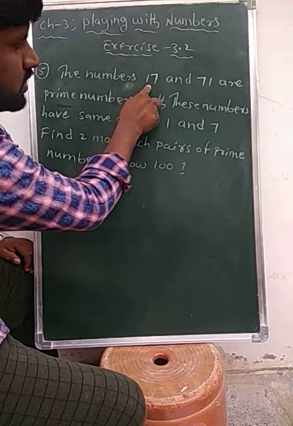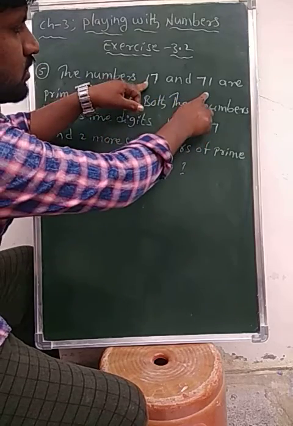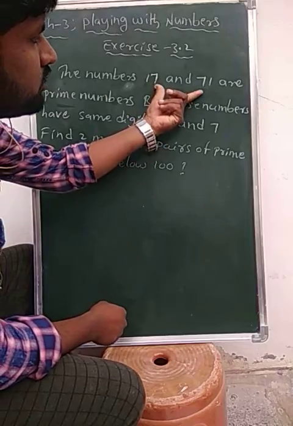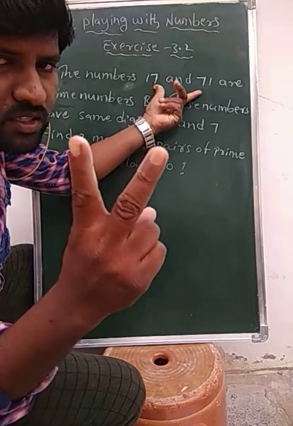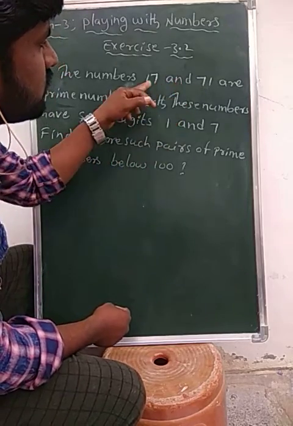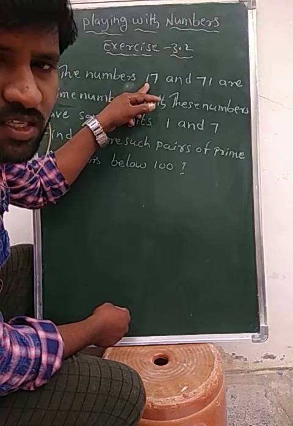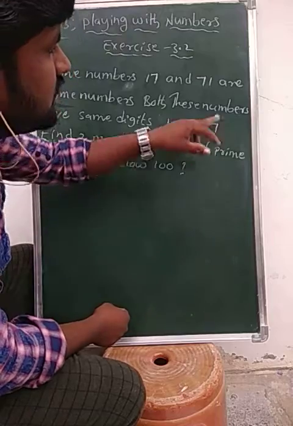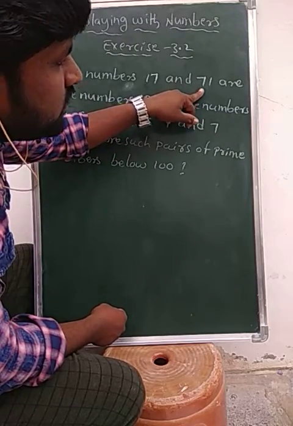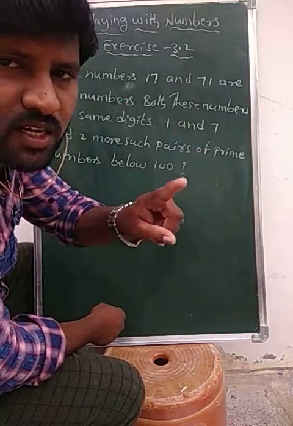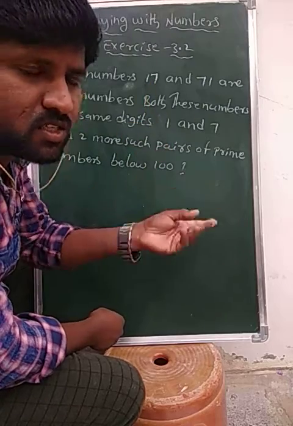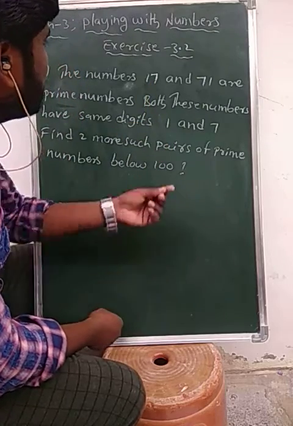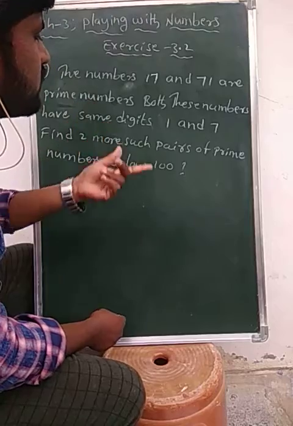Yes, 17 and 71 are prime numbers because each has only two factors. For example, 17: 1 times 17 is 17 and 17 times 1 is 17, only two factors. Like that, 71 also: 1 times 71 and 71 times 1. So these two are prime numbers.